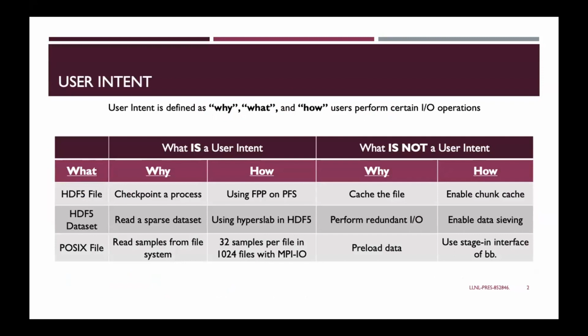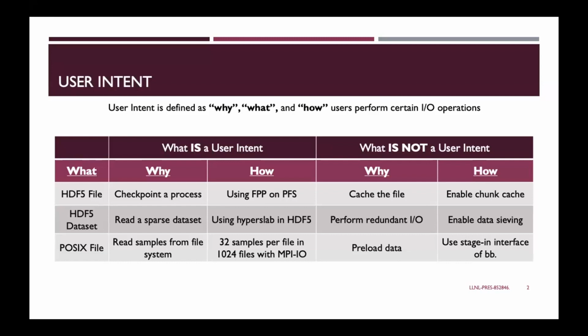To give an example of what user intents are: as an application developer, most people understand what user intents are, but sometimes when that gets translated, when they look at a software, they look at configurations and not user intent. So I wanted to draw some examples just to make that distinction clear.